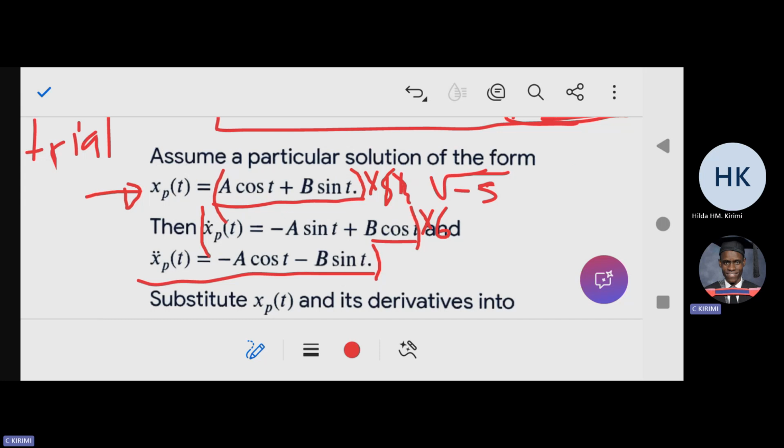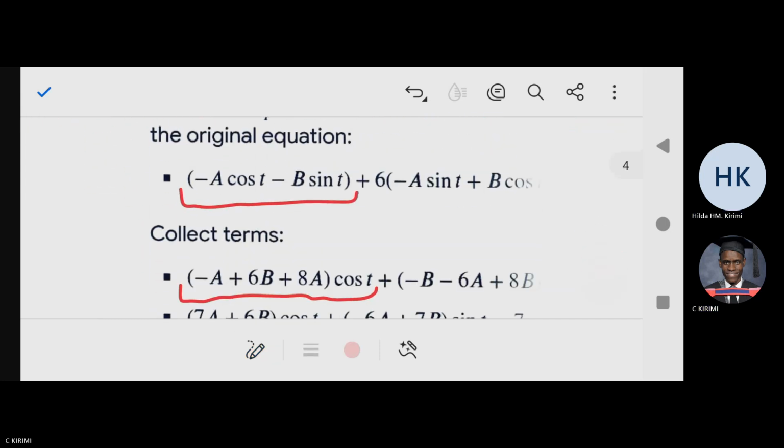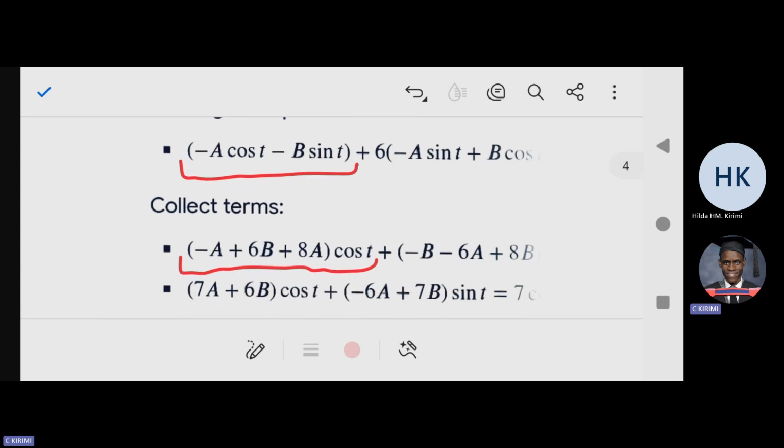Then when you add everything, you are going to come to the point that we are having minus a plus 6b plus 8a cos t. They factored out cos t, everything that was having cos t.